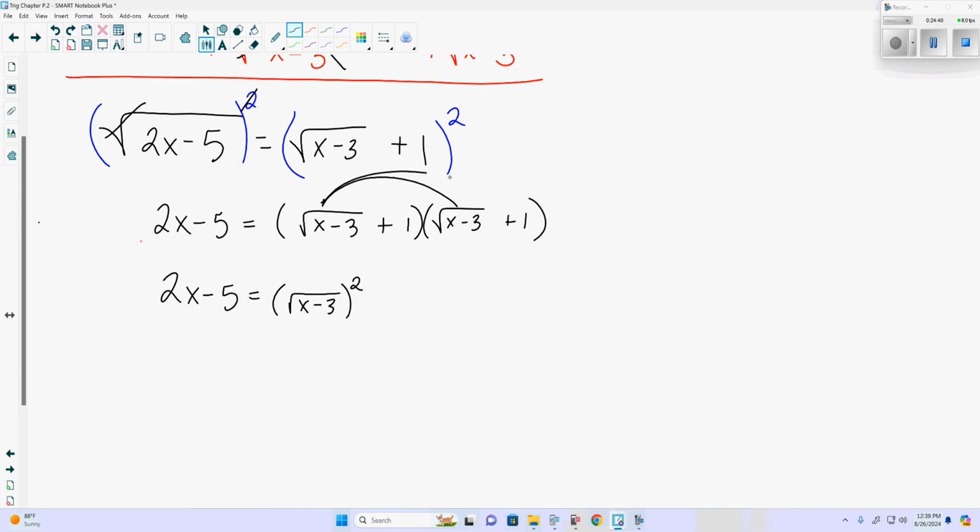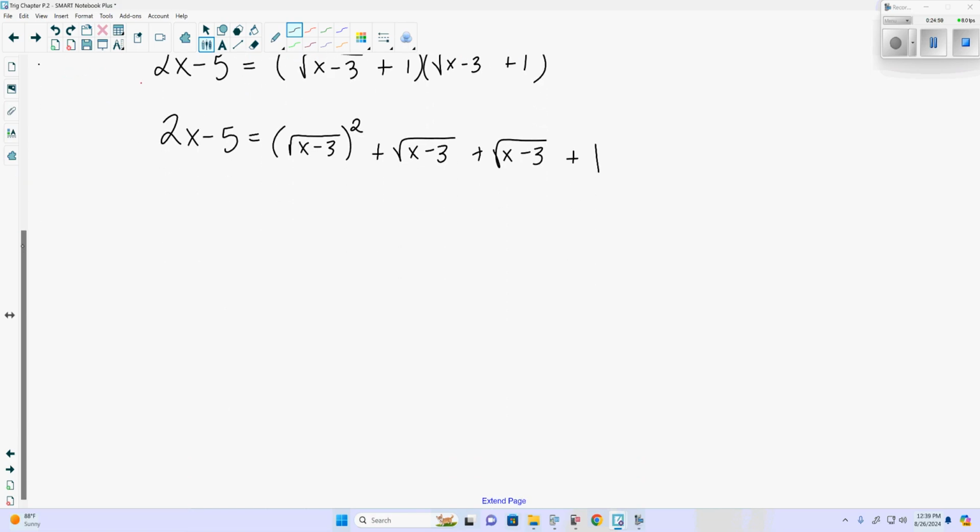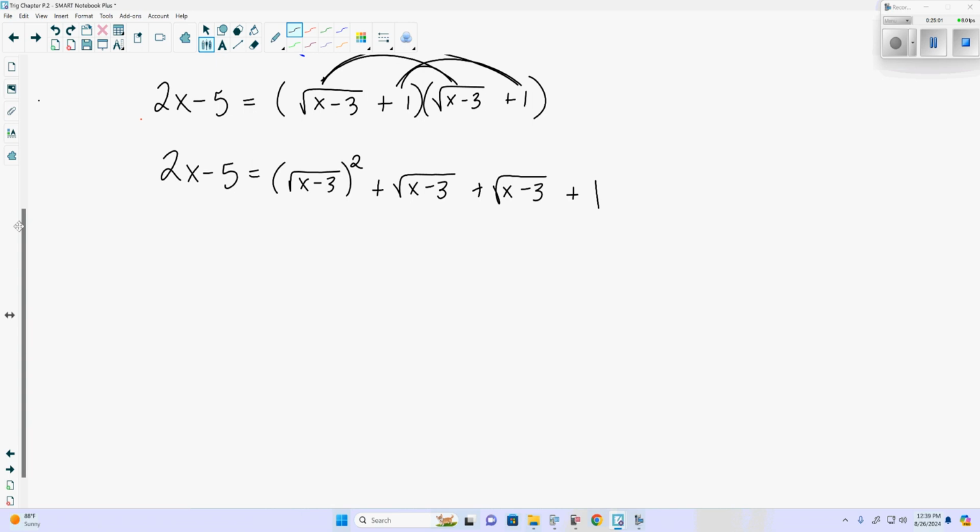Then we'll have the square root of x minus 3 times 1, which will give us plus the square root of x minus 3. Then we're going to do 1 times the square root of x minus 3, which is plus square root of x minus 3. And lastly, 1 times 1, which is plus 1. Questions on this so far?